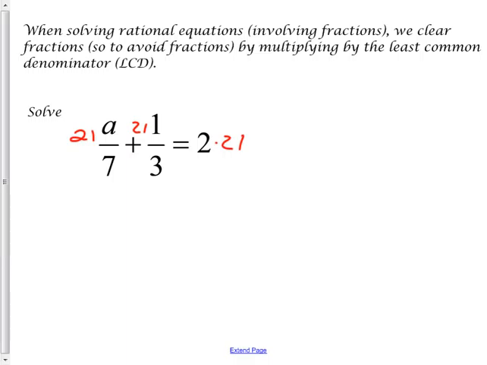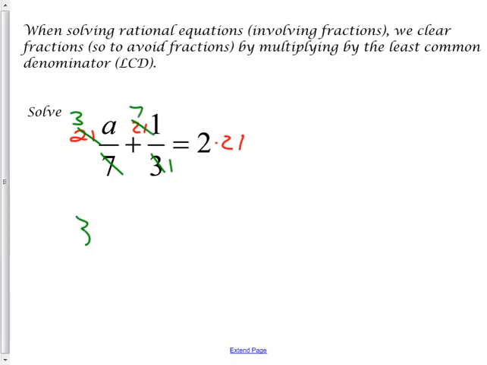All right. You should have this written down by now. Some of you are being slackers. I don't want to call your names, but I expect you to be writing with me. So I'm multiplying by 21 on each spot. Watch what happens. 7 goes into 7 once. 7 goes into 21 3 times. I'm just doing a little canceling there. 3 goes into 3 once. 3 goes into 21 7 times.